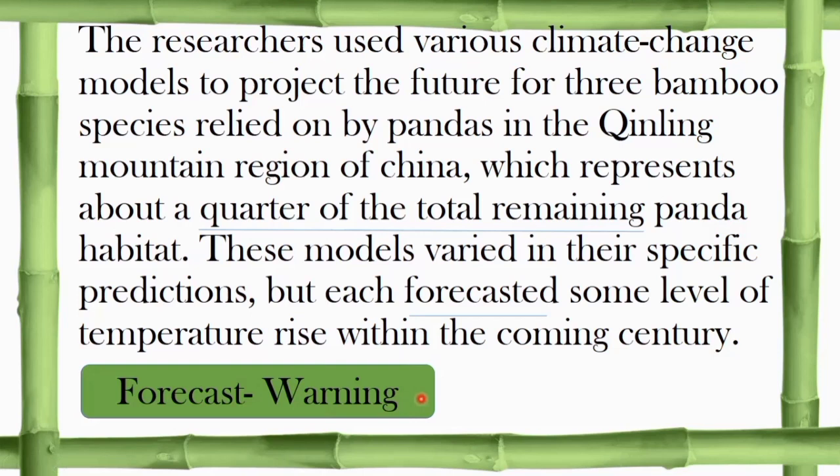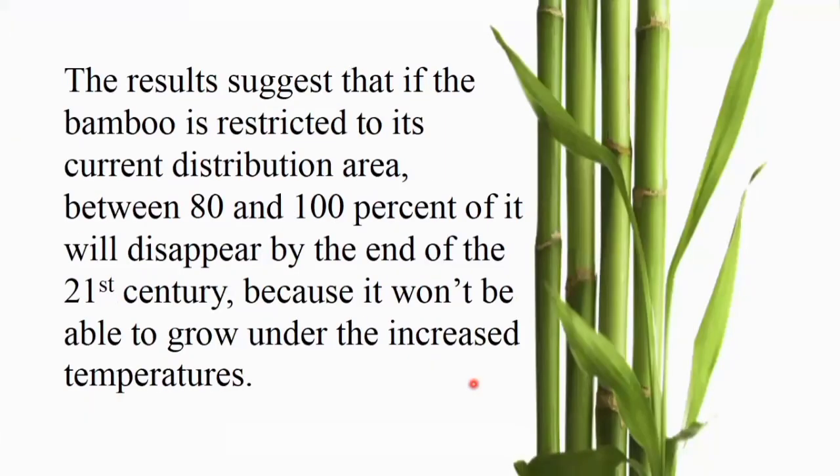And if the temperature rises in those areas, the growth of this bamboo should be hindered. The results suggest that if the bamboo is restricted to its current distribution area, between 80 and 100% of it will disappear by the end of the 21st century because it won't be able to grow under the increased temperatures.